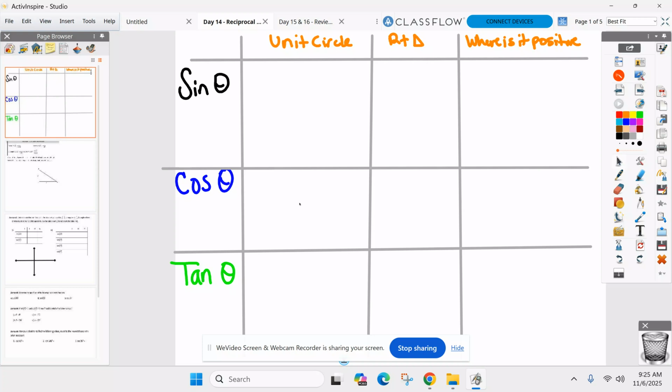Where is it positive? A little quick study guide, not too much.